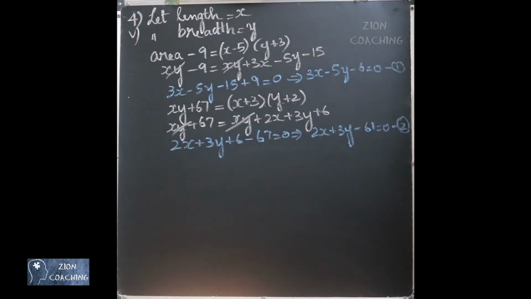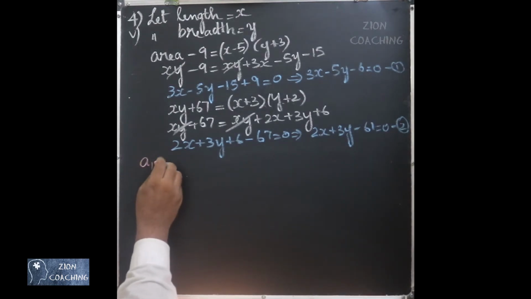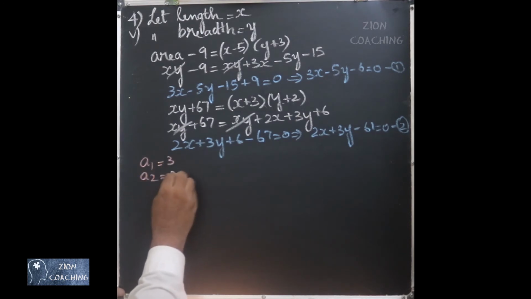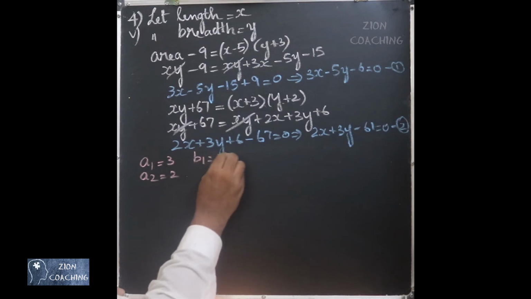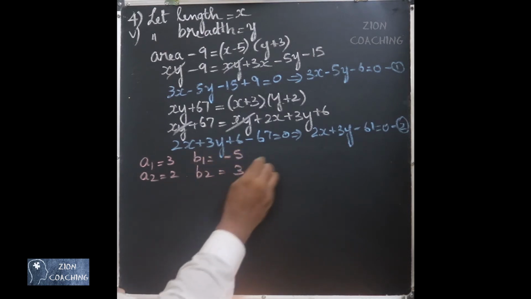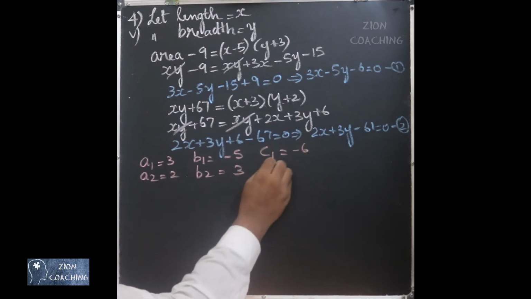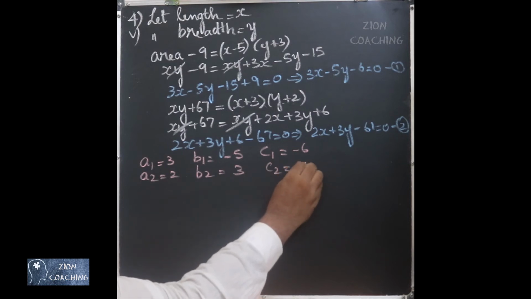Now comparing both the equations with the general form, we have a1 is equal to 3, a2 is equal to 2, then b1 is equal to minus 5, b2 is equal to 3, c1 is equal to minus 6 and c2 is equal to minus 61.